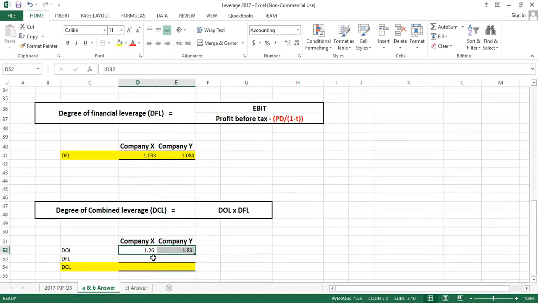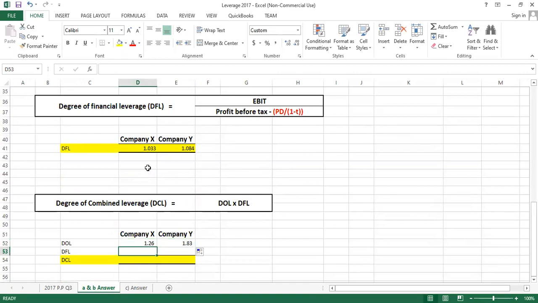Likewise, company X financial leverage is 1.033 and company Y financial leverage is 1.084.